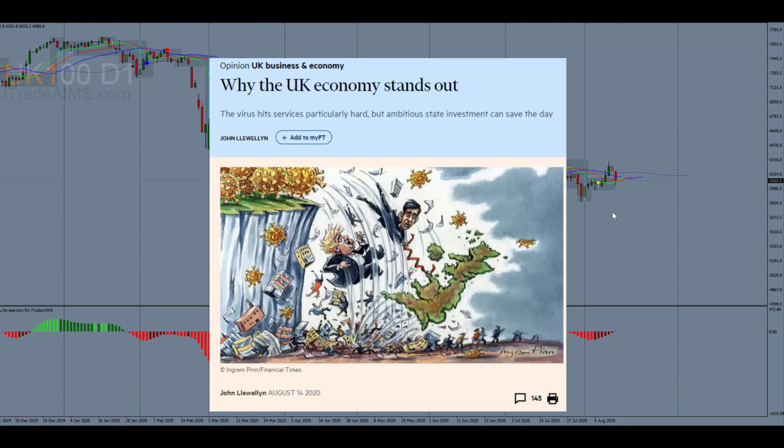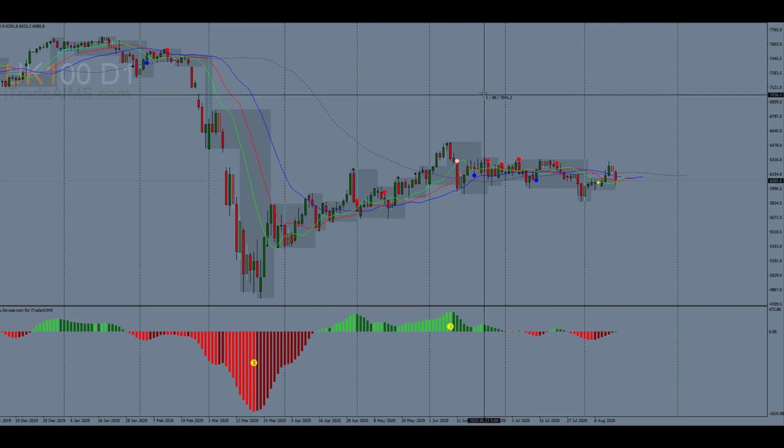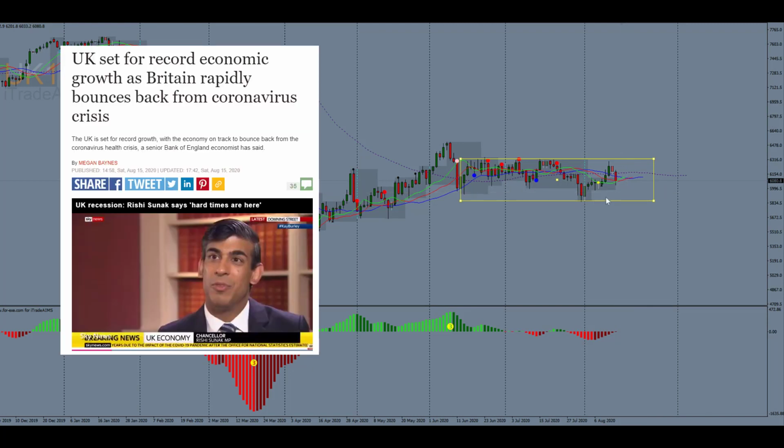Some would even call it depression, but that's what it is, and that's why your index is still going sideways. I think the sideways index is still a pretty good sign. There's still trust and confidence in the British economy so far. So we're going sideways, and these are the levels. We'll see what happens as it goes up.